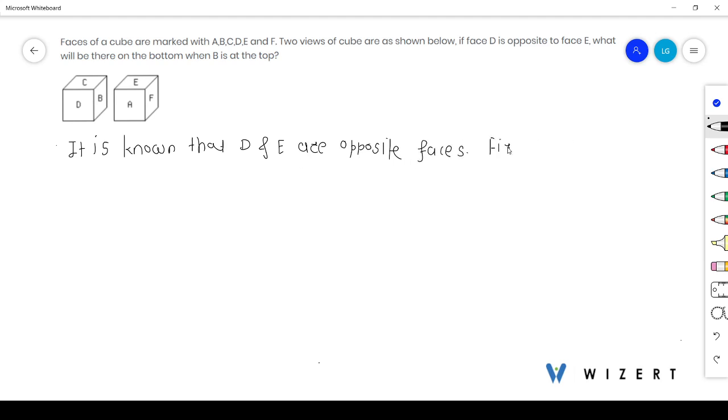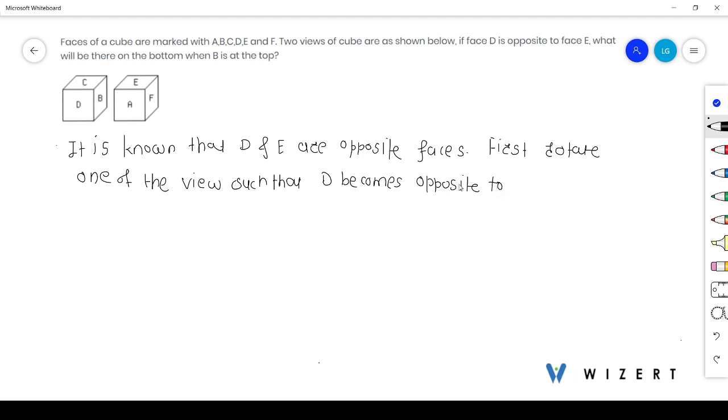First, rotate one of the views such that D becomes opposite to E in both the views.